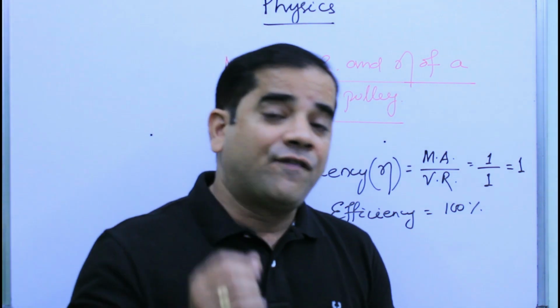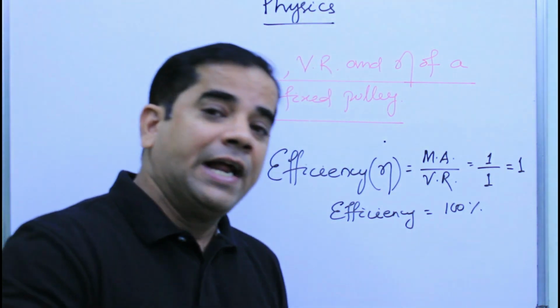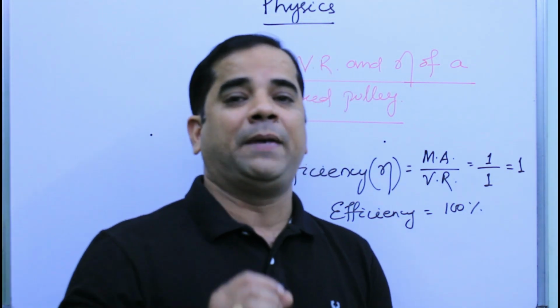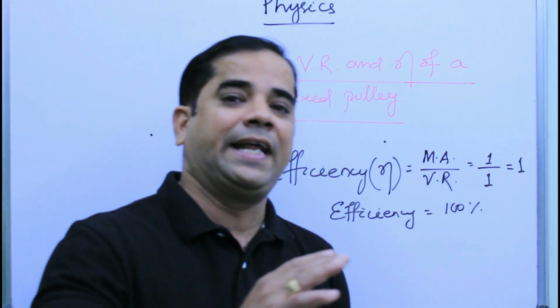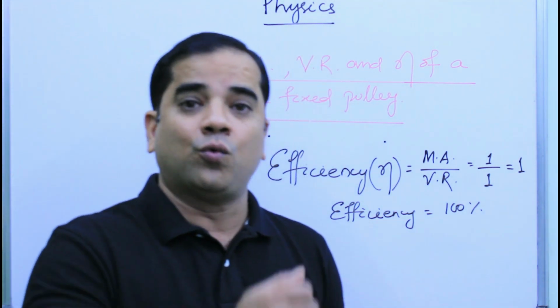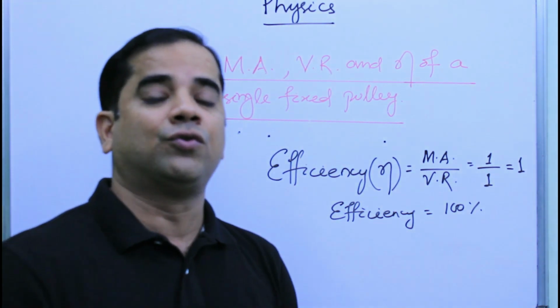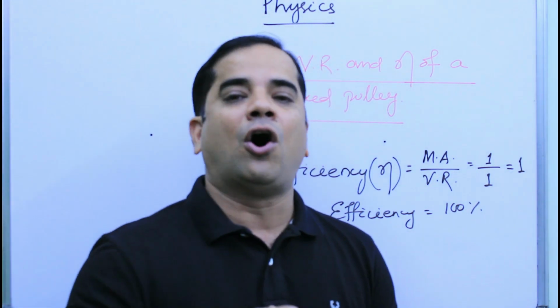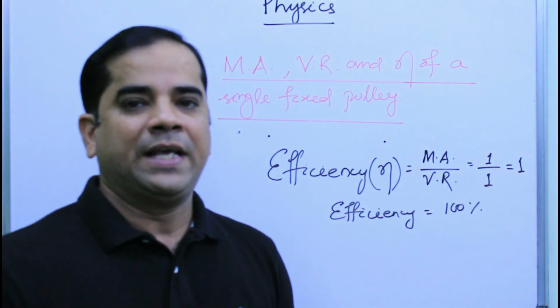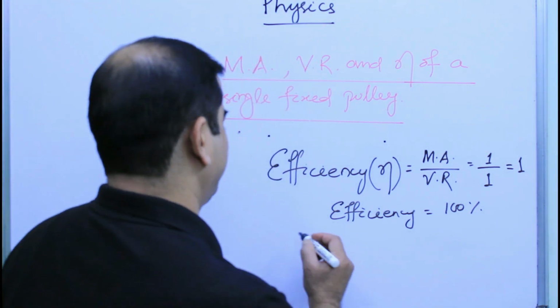So the effort that we need to lift the load will always be greater than that of the load, because friction is acting in the opposite direction. So we need more force to lift the load. So the mechanical advantage of the single fixed pulley is always less than 1.